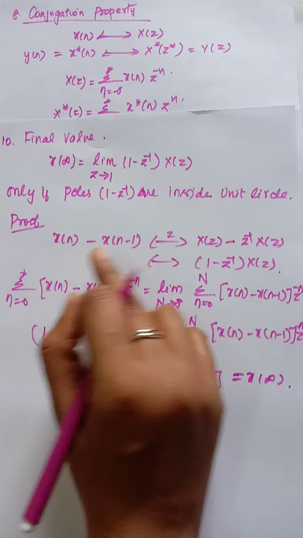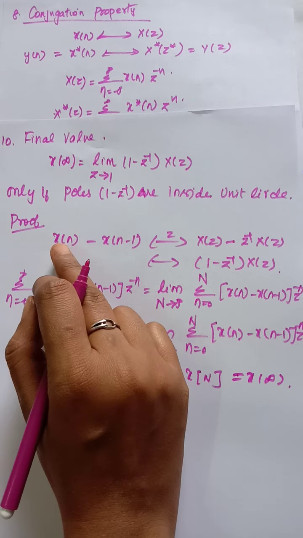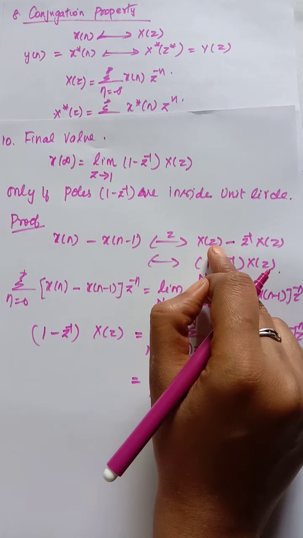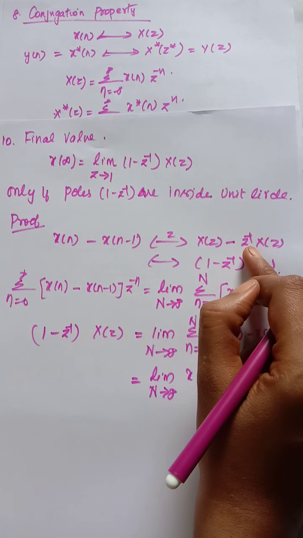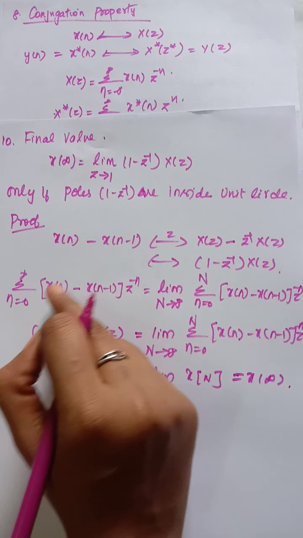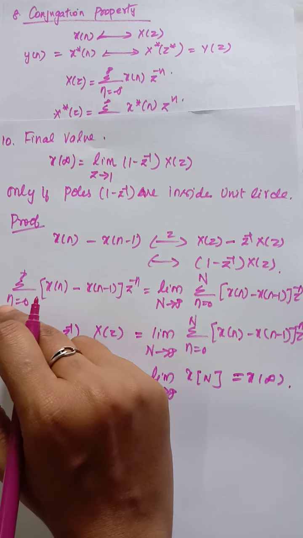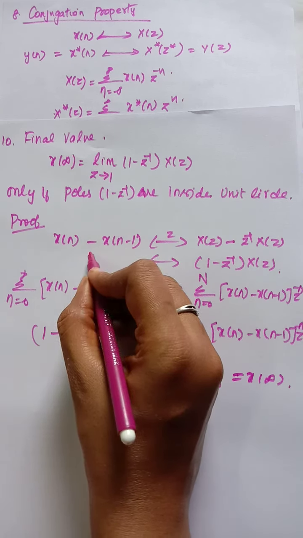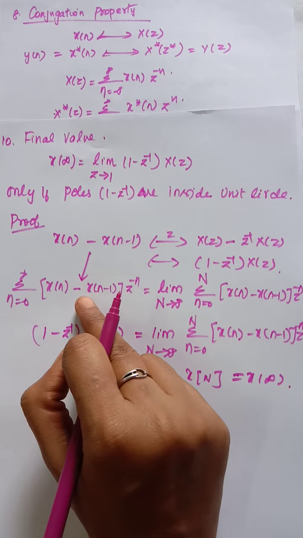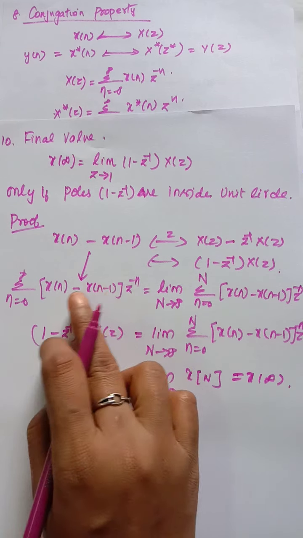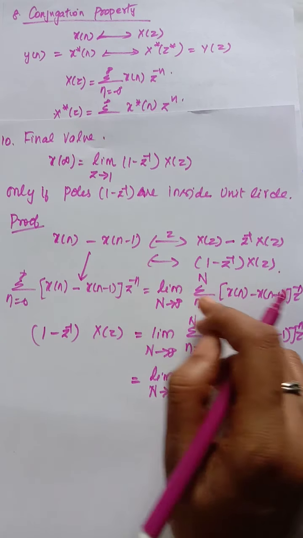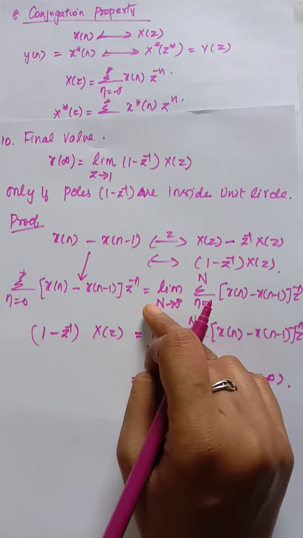So 1 minus z inverse in the z domain corresponds to the operation x of n minus x of n minus 1. The z transform of this, by the time shifting property, is x of z minus z inverse x of z, so I will get 1 minus z inverse into x of z. Now I am applying the z transform formula, summation n equal to 0 to infinity, the same thing I am writing here, into z power minus n. The same procedure here: I am going to substitute the upper limit of n as infinity, so instead of 0 to infinity I am writing 0 to capital N, and then N tends to infinity.